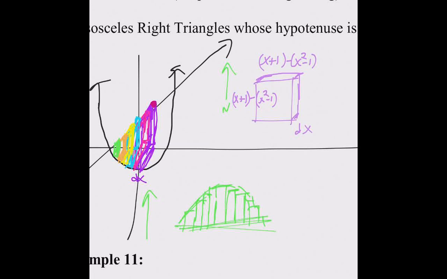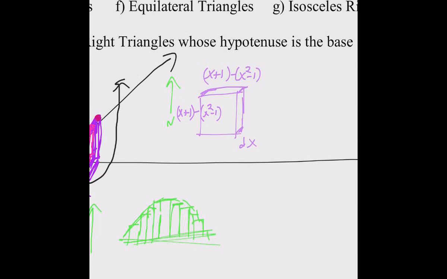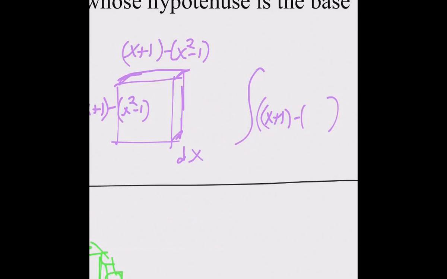They're both the same. The volume of that rectangular prism, square prism I should call it, is, since the sides are the same, x plus 1 minus x squared minus 1, quantity squared, because it's side times side.